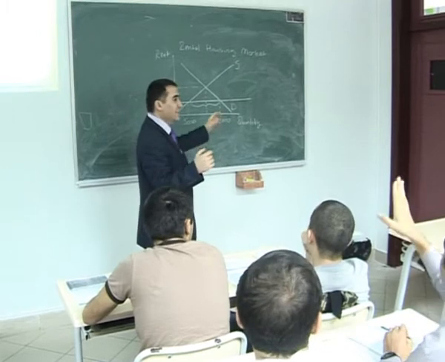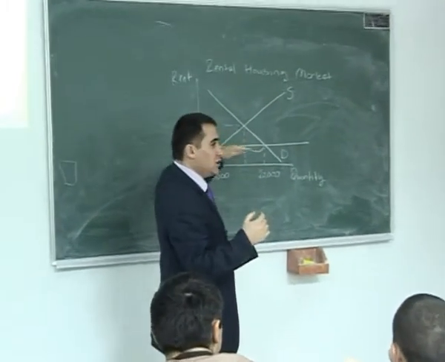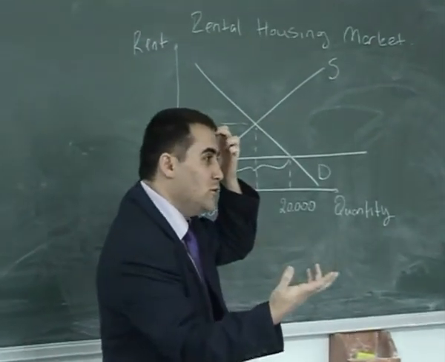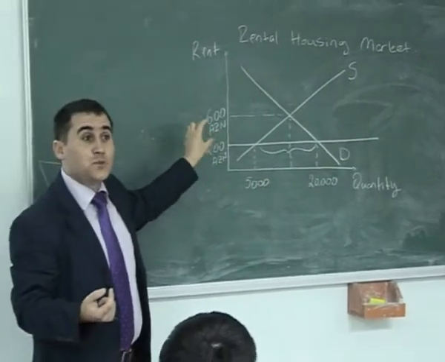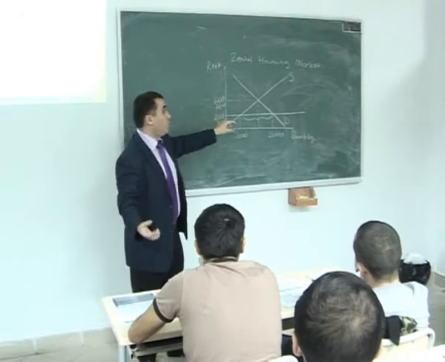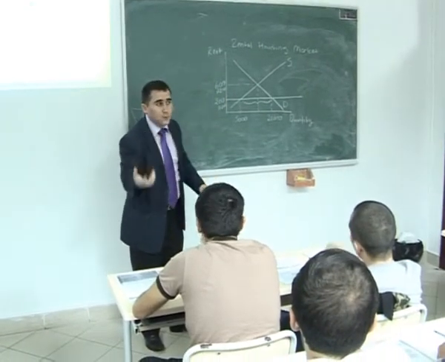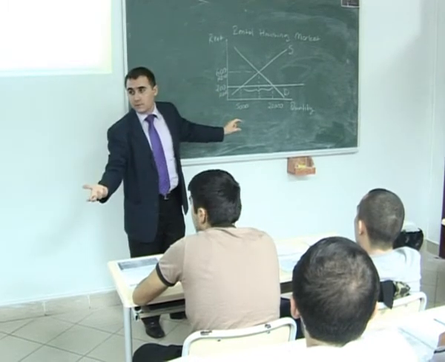It's not the equilibrium price. If there is a shortage, it means that you have a disequilibrium, right? So the price prevalent in this market is a non-equilibrium price. For example, 600 is the equilibrium price, but 200 is a non-equilibrium price.